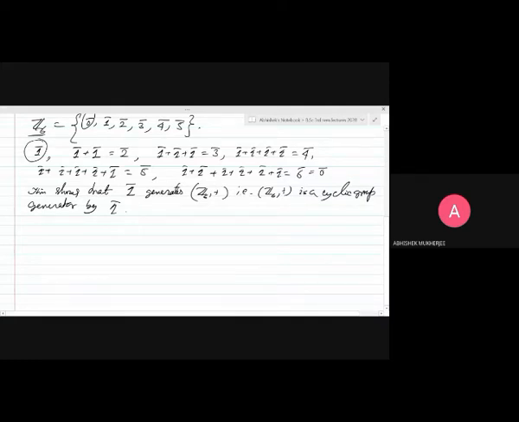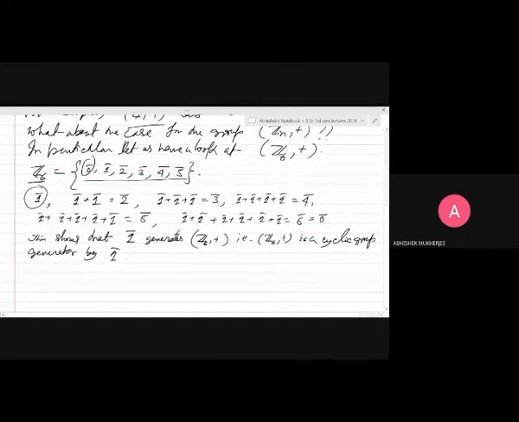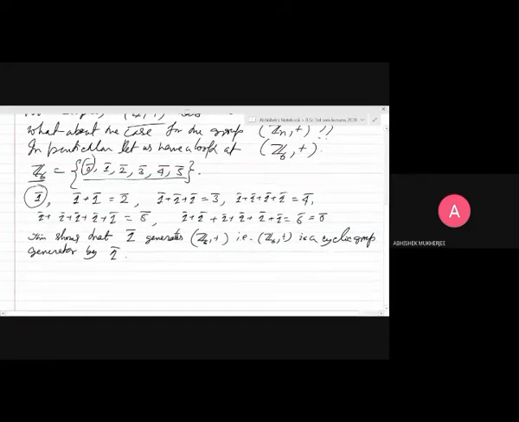Amongst these classes, except 1 class, does it have any other generator?